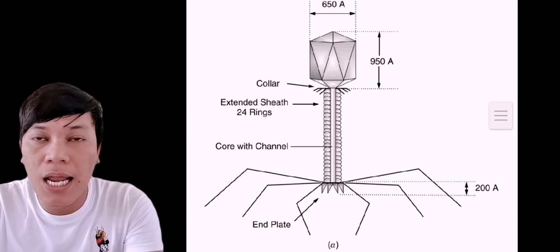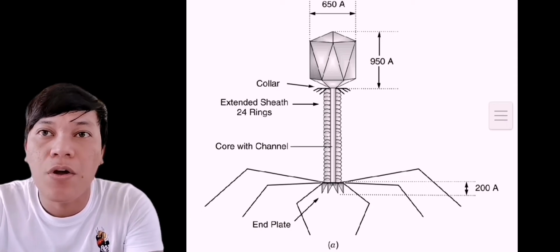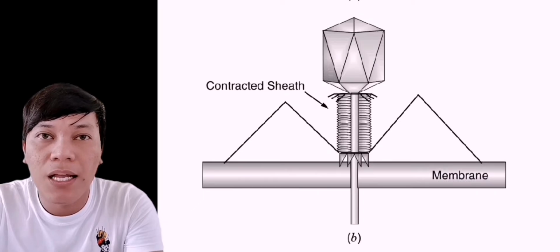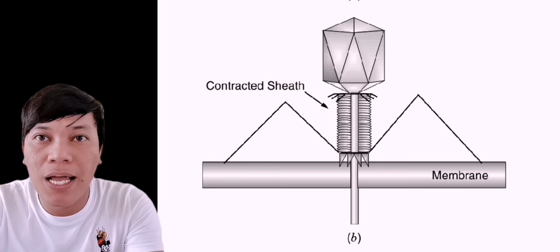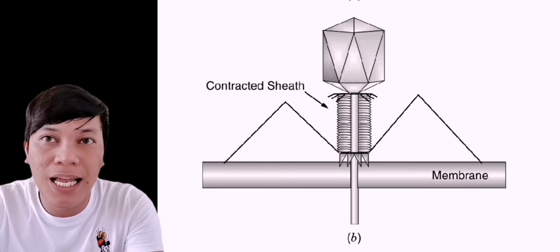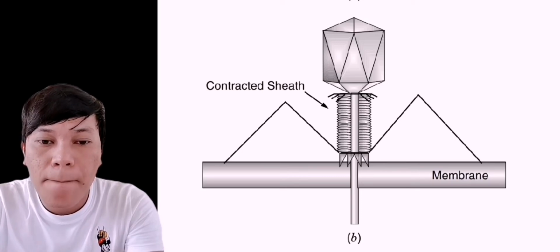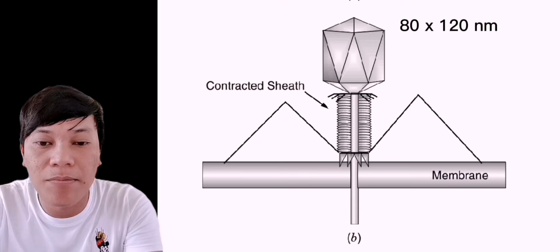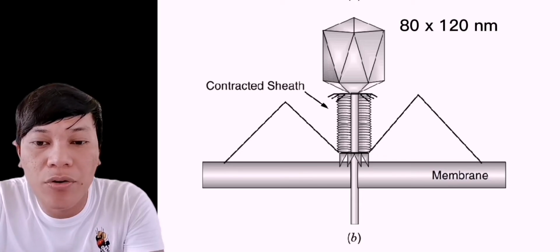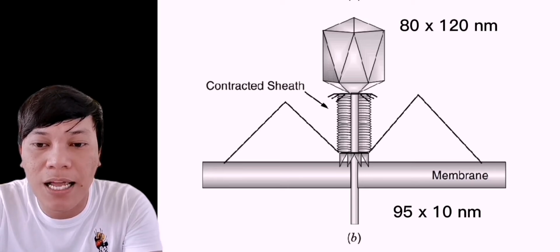Subscript A is the virion with extended tail fibers, while subscript B is the virion with the tail sheath contracted and the spikes of the tail plate pointing against the bacterial cell wall. T4 possesses an oblong head measuring 80 by 120 nanometers and a contractile tail measuring 95 by 10 nanometers.